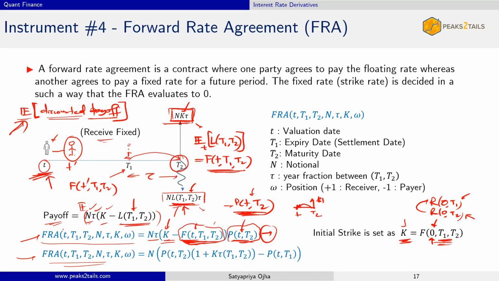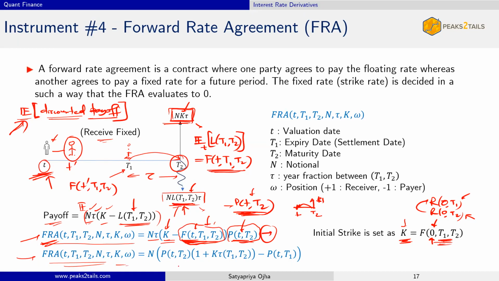Just input those values, and you get the updated value of the FRA as you move forward in time. Remember, the theme is dynamic valuation. Small t is changing, the yield curve is evolving, so your expectation of the forward rate will be evolving. Plug in all those values and you'll see how the FRA value evolves.